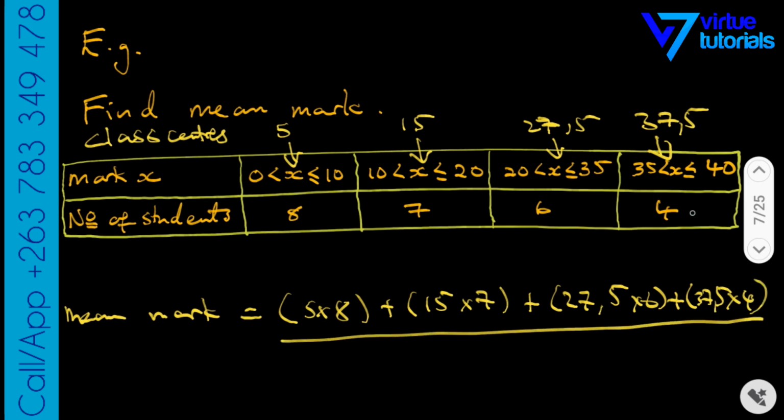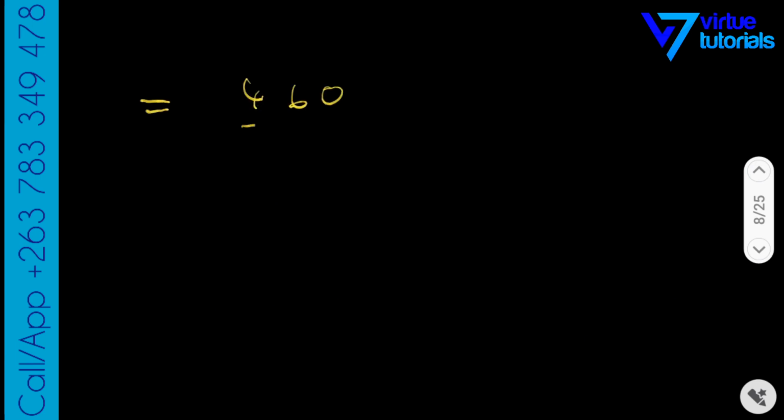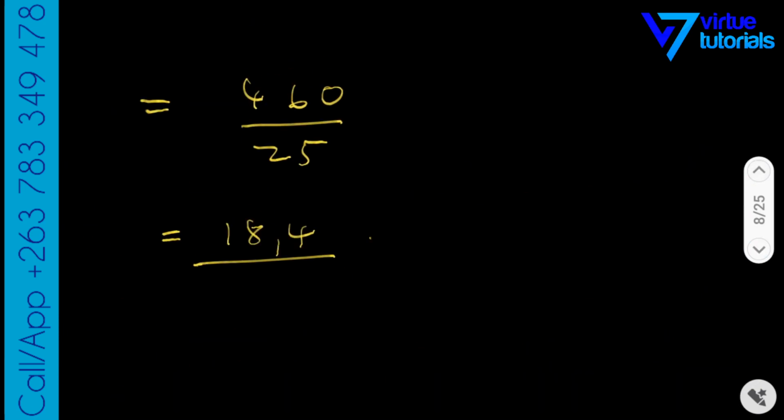In other words, you add up 8 plus 7 plus 6 plus 4. When you calculate this, it should give you 460 over 25. And then if you divide, it should give you 18.4. These were marks, so this should be your mean mark.